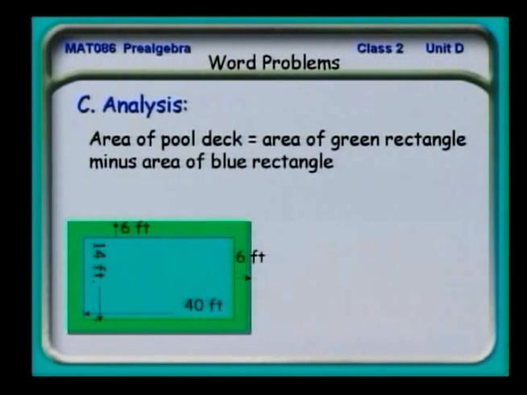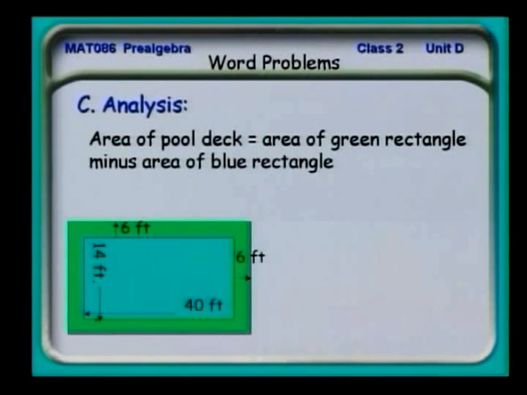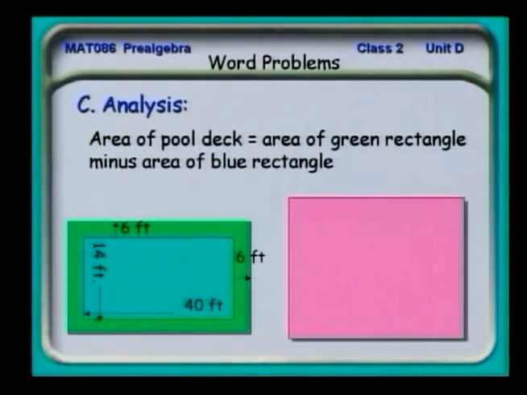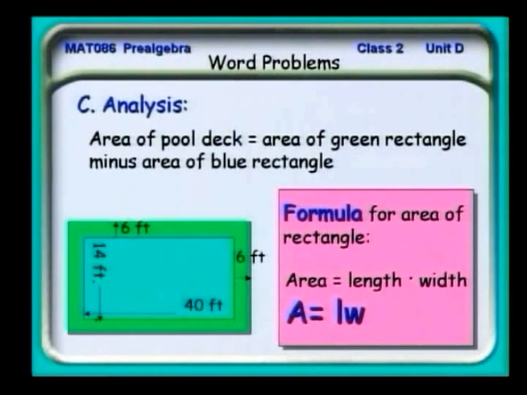So the area of the decking would be the area of the green rectangle minus the area of the blue rectangle. So what's the formula for area of a rectangle? We remember the area is the length times the width, which we can abbreviate algebraically as A is equal to LW, length times width.